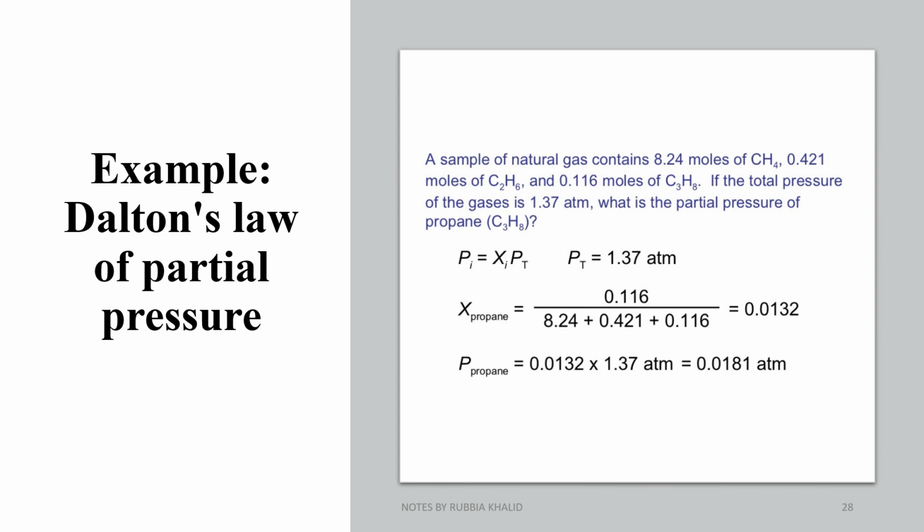This will give you the total moles. Then P of propane is the amount we are looking for. So when we calculate X, we get 0.0132, times 1.37 atm, which will give you 0.0181 atm partial pressure of propane, which is C3H8.